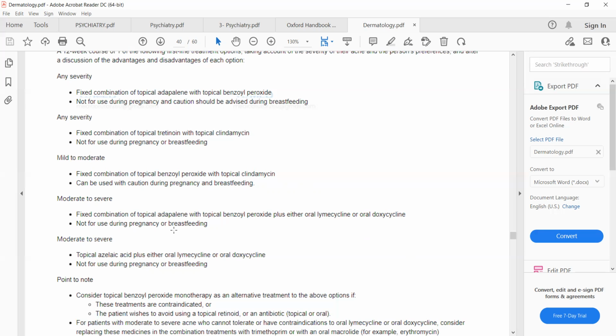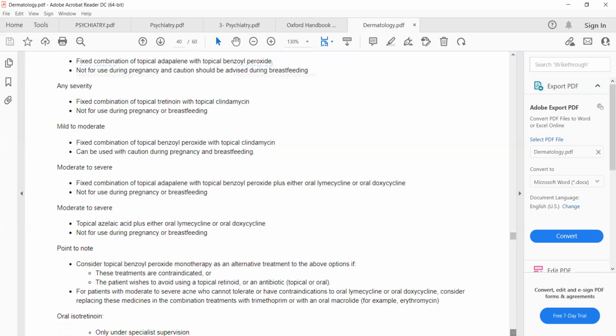So in short, mild acne is treated with topical benzoyl peroxide and topical clindamycin. And for moderate to severe acne, we need to include an oral antibiotic along with benzoyl peroxide to prevent antibiotic resistance.